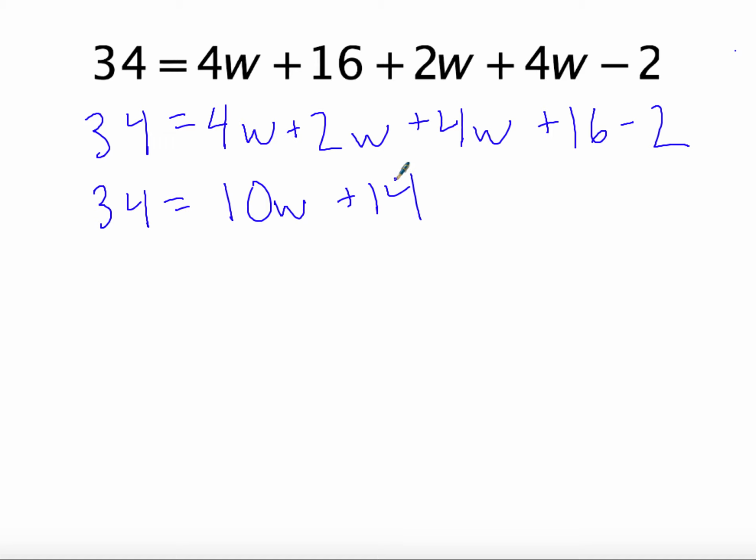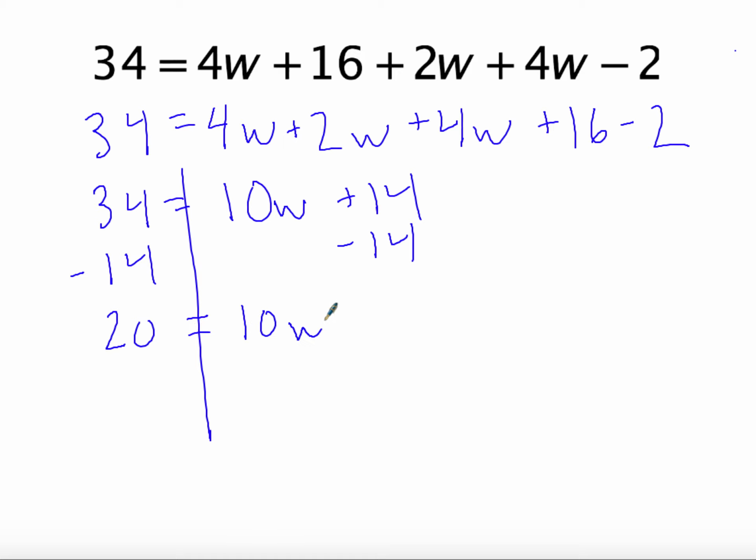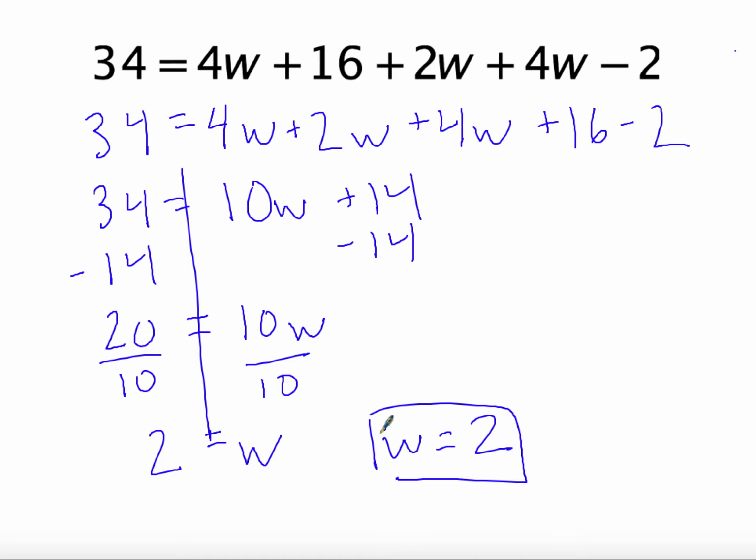So when we go in reverse order to perform those inverse operations, we're going to first subtract 14 from both sides of our equation. 34 minus 14 is 20. 20 equals 10w. One-step equation time. We are masters. Most teachers will accept 2 equals w. I have a hard time taking off points for that, but I really prefer the variable on the left side. So w equals 2 is my final answer.